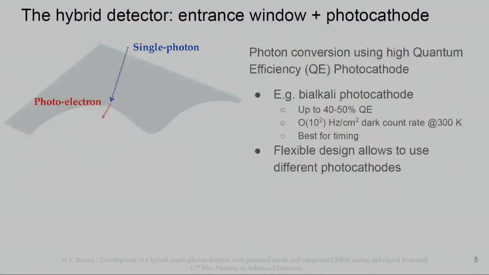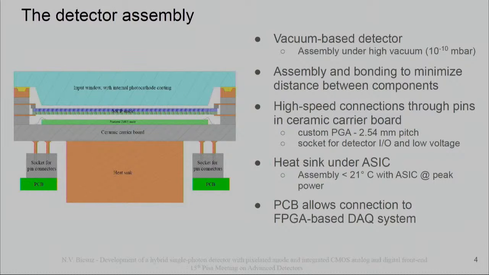But since we don't have a value at the moment for this distance, we are not able to have a good estimate of the spread of the electron cloud. Once we have a good estimation of this distance, we will run simulations again.